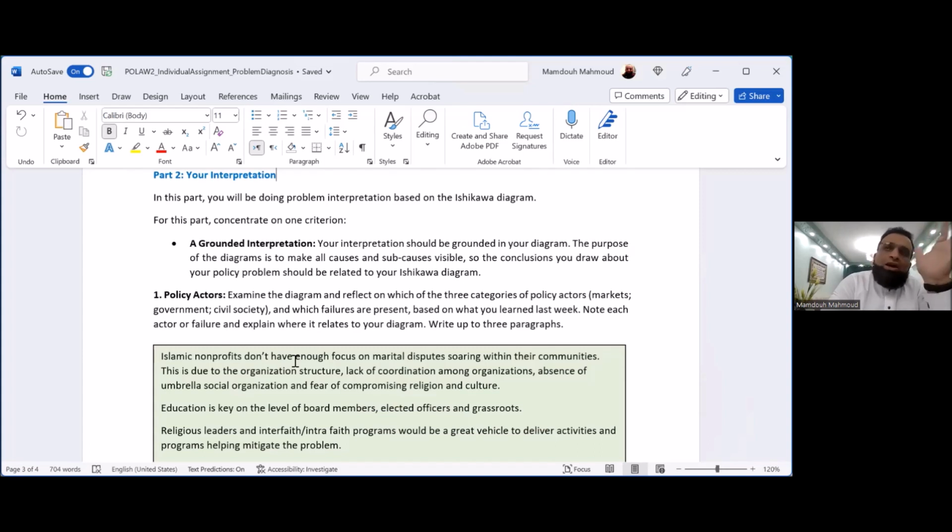Now, number one, we have to know something called the policy actors. We have to reflect after we look at our diagram. We have three categories. I want you to write them down. For any solution to be valid for any problem that exists, you have to have three categories: the markets, the government, and the civil society.